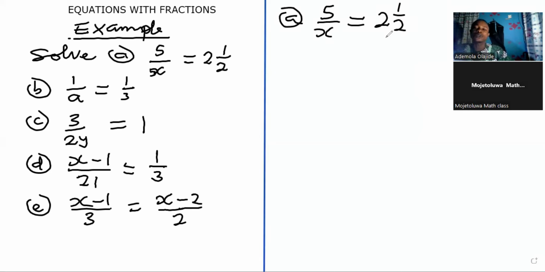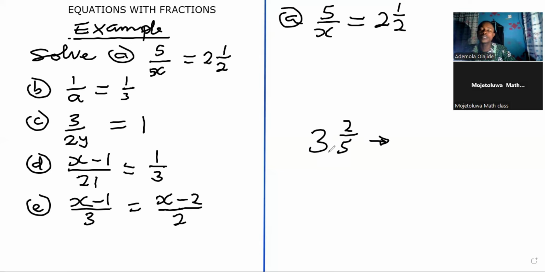First of all, what you do is let it be a single fraction, let it be an improper fraction. And when you have a mixed fraction such as this, maybe 3 and 2 over 5, and you want to change this fraction to an improper fraction, do you know what to do?